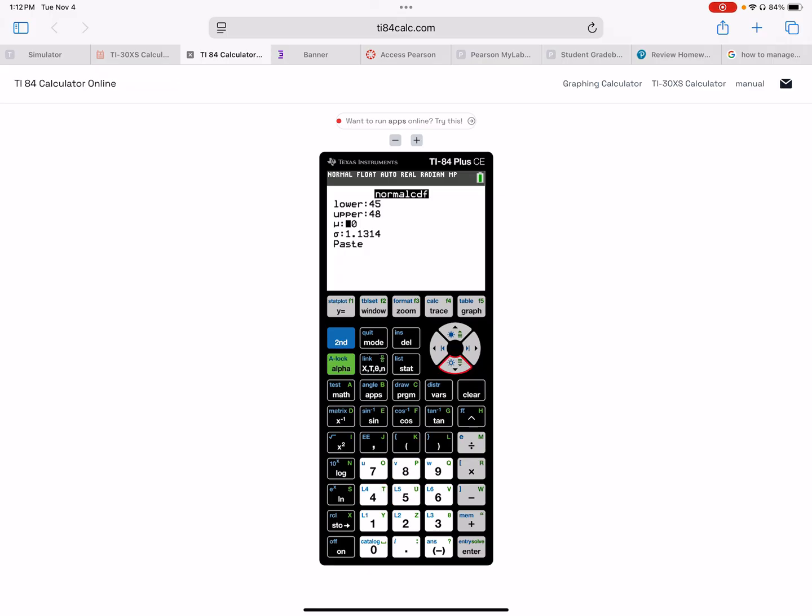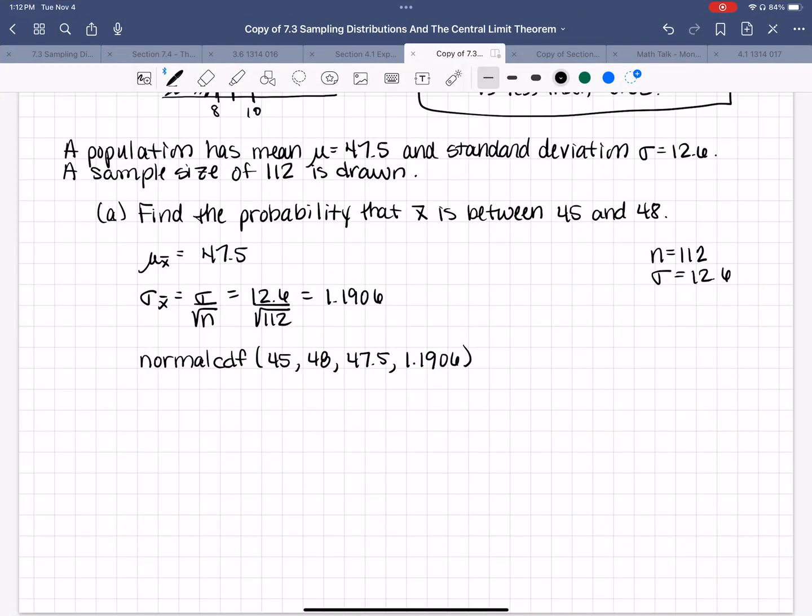I have a mean of 47.5 and a standard deviation of 1.1906. Okay, and that should give me 0.6449. Okay, that is the probability. There's about a 64% chance that you're going to get a value between 45 and 48.